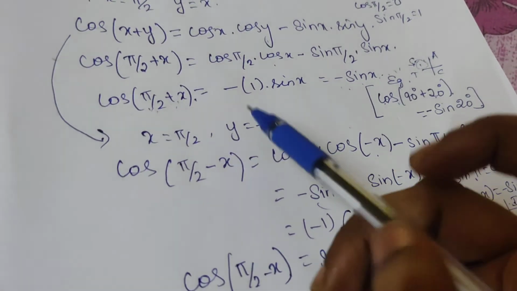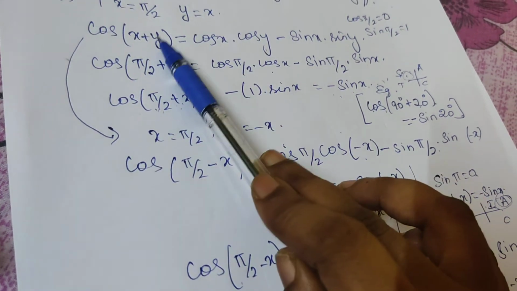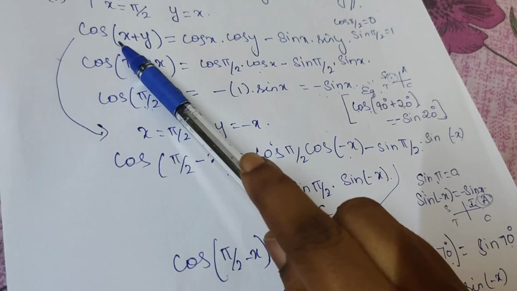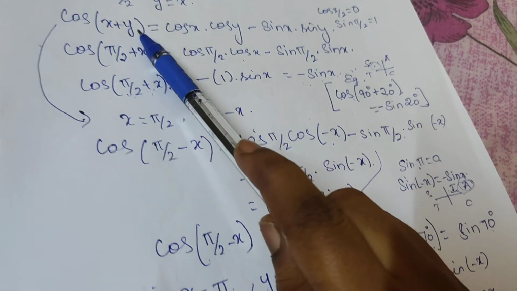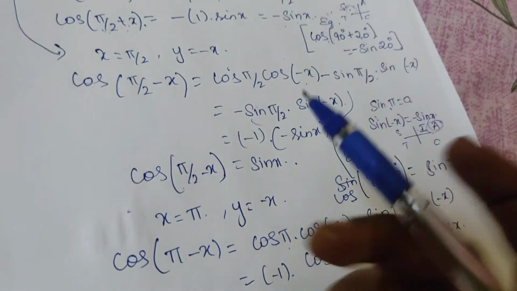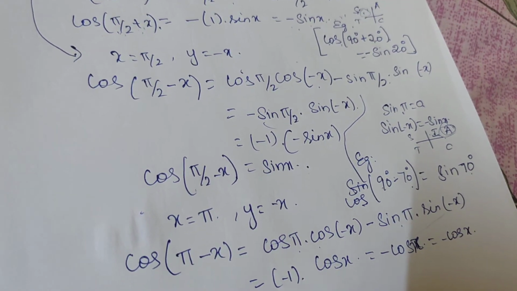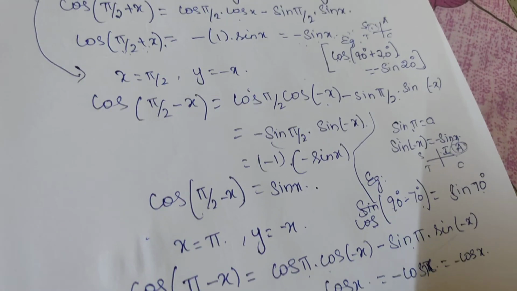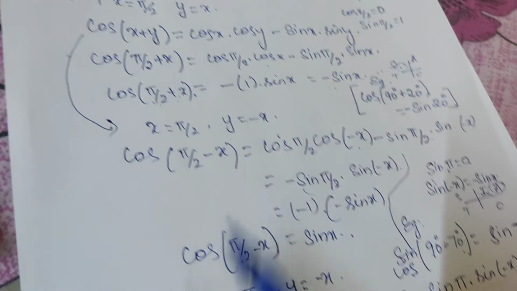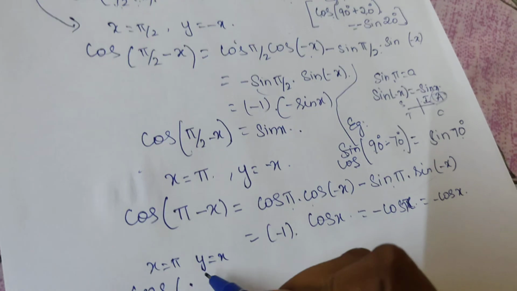And in the same identity, I am replacing x as pi and y as x. So cos(pi plus x).